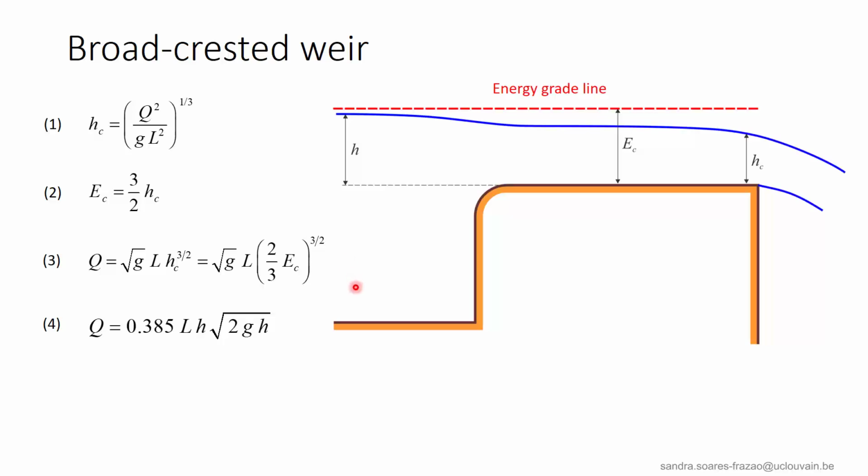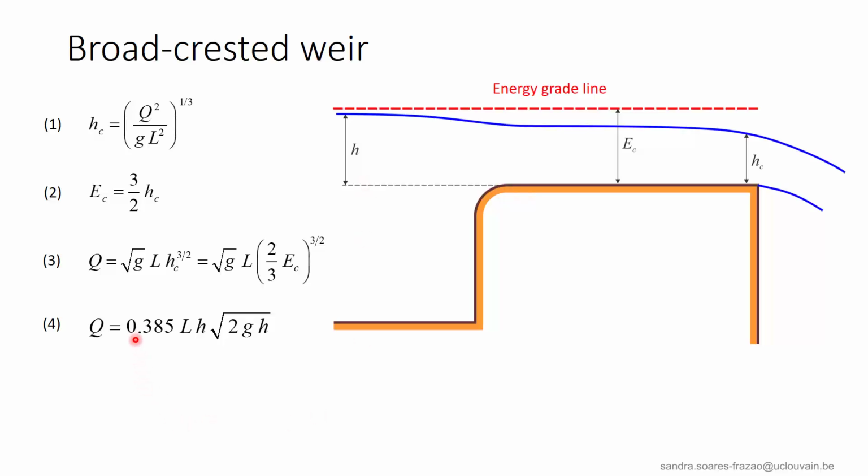Then, assuming that the velocity in the reservoir is negligible compared to the velocity on the weir itself, we can replace EC with the depth h in the reservoir. So here the small kinetic energy can be neglected in such a way that we can consider that EC is equal to h. Of course, h measured from the crest level.